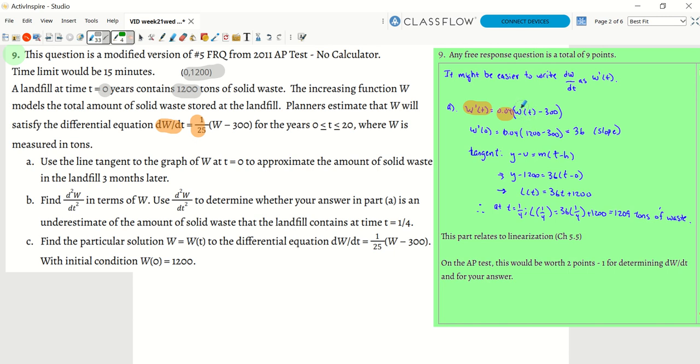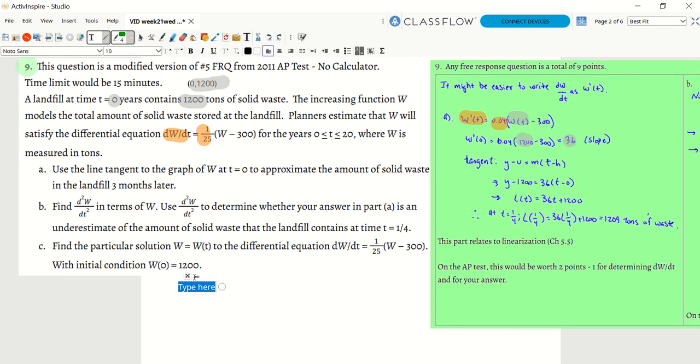So I'm going to plug in 1200 here, and I get 36 for my slope. So we have our point-slope form, which is y minus y1 equals m times (t minus t1). We have 36 for m.